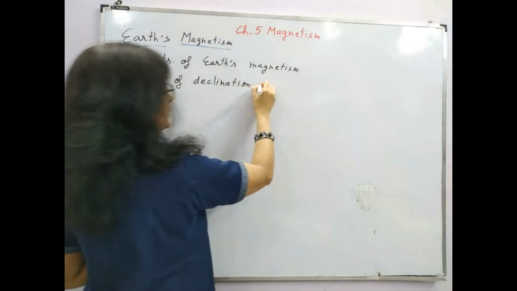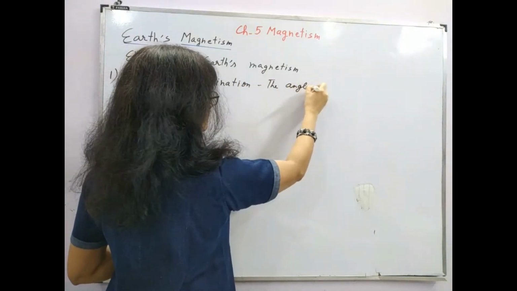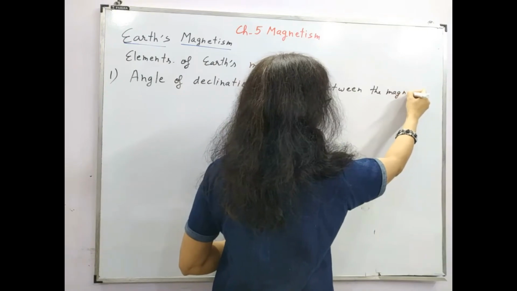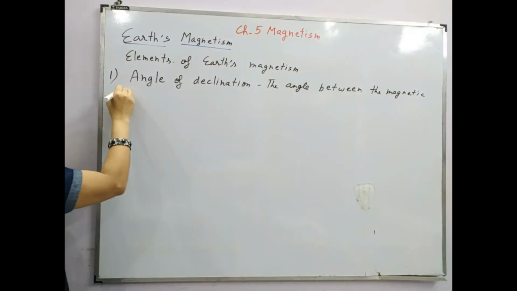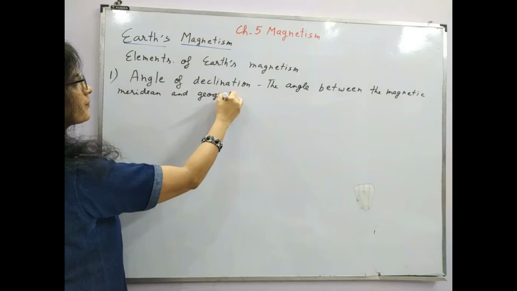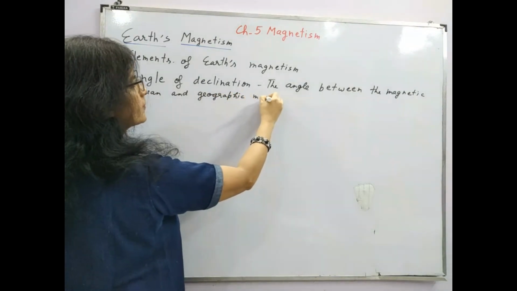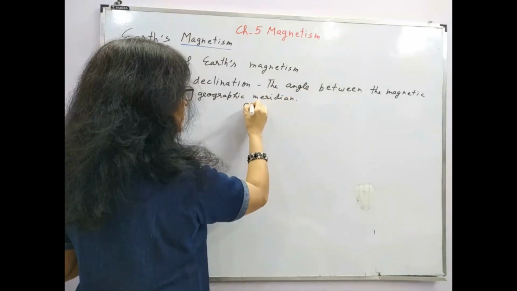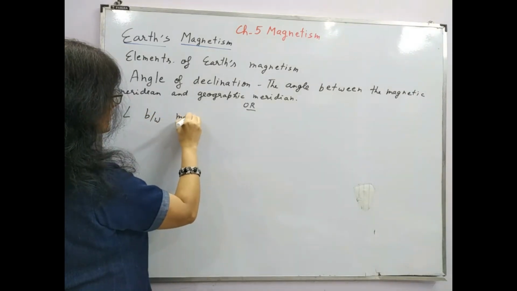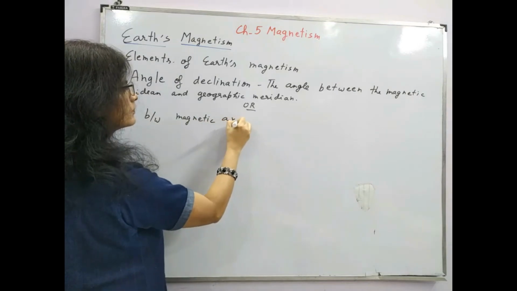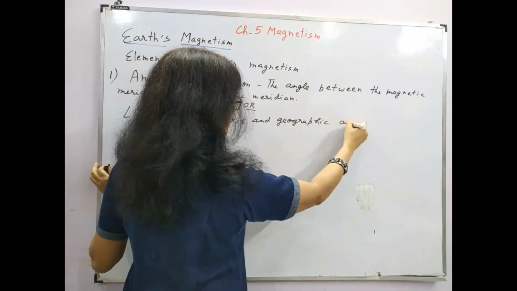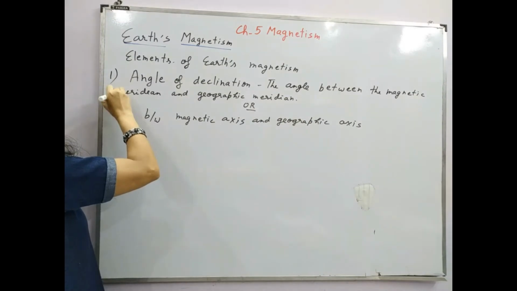This is the angle between the magnetic meridian and the geographic meridian, or in other words, we can say the angle between the magnetic axis and the geographic axis. But the first one is considered more appropriate.